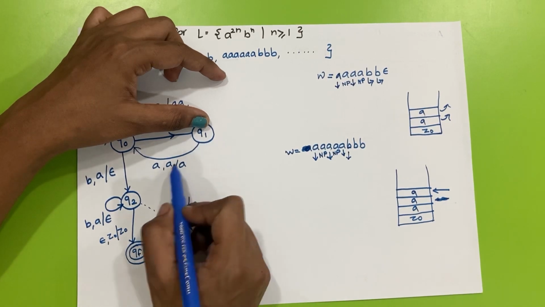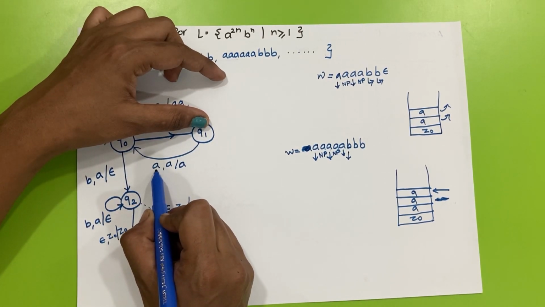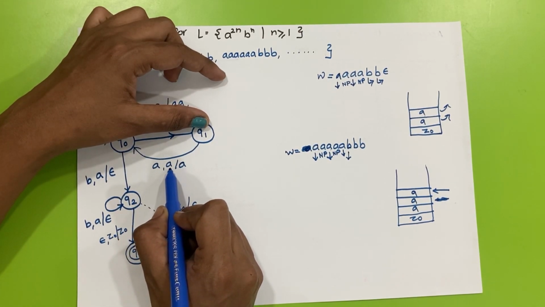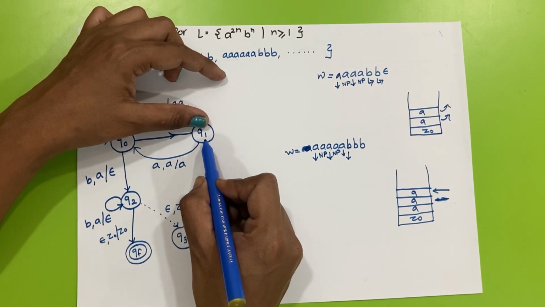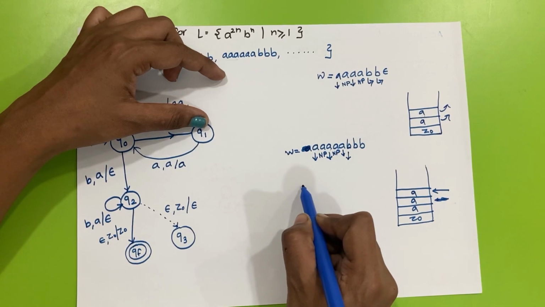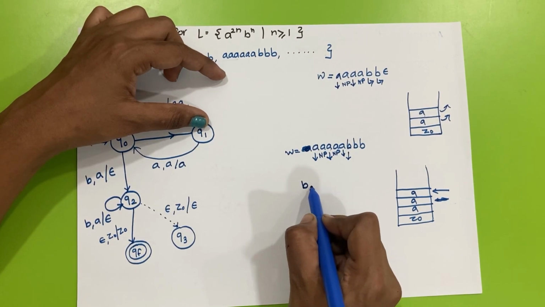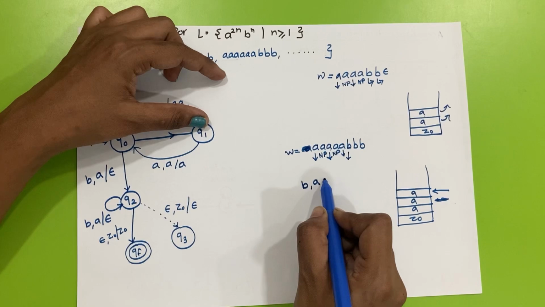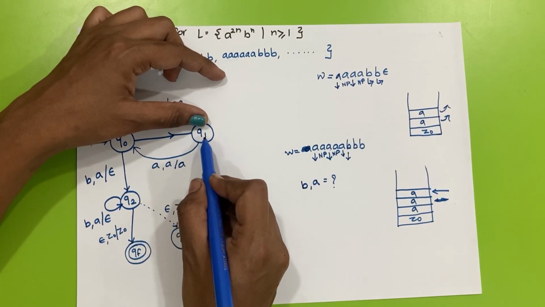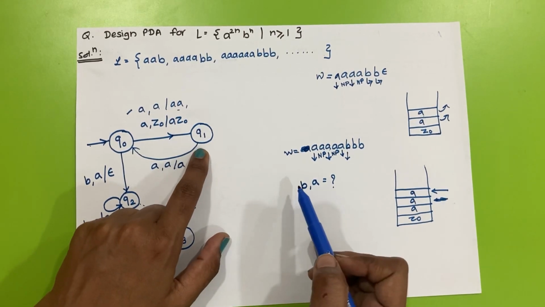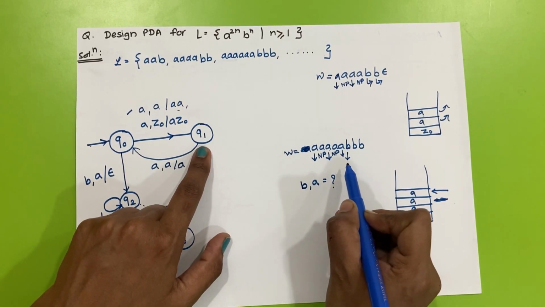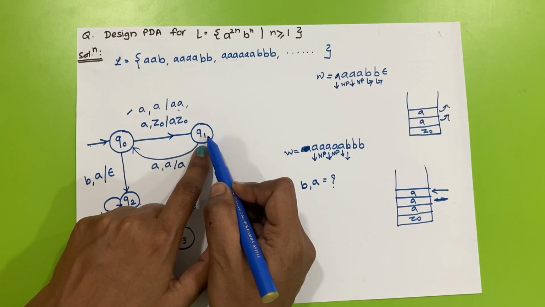We can move from q1 to q0 only for input symbol a with top of stack a, performing no operation. But there is no transition for input symbol b with top of stack a at state q1, so there is no way to move forward and we are stuck at state q1.